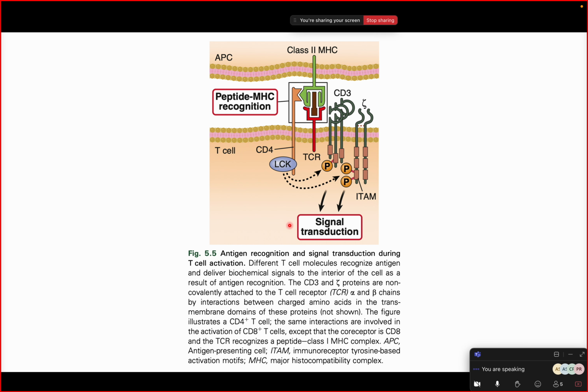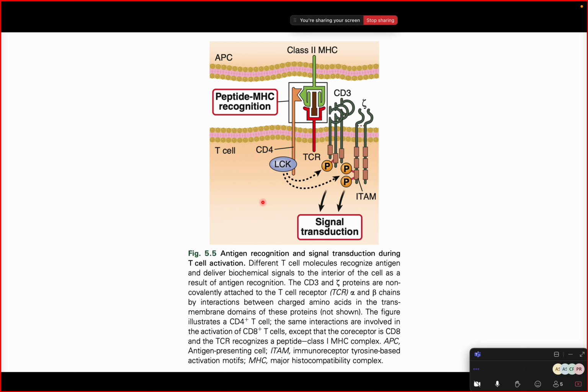If it is a CD4 positive T cell, this cell after making this complex needs to secrete cytokines. Now how will the cytokines be secreted? Someone has to tell this cell's nucleus that we need to make cytokines, and those cytokines need to be secreted. So what is going to tell this cell's nucleus to make cytokine?